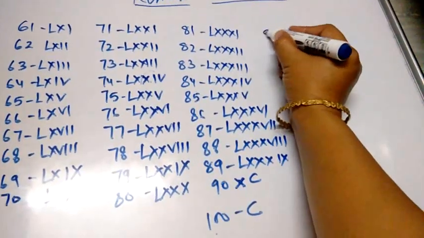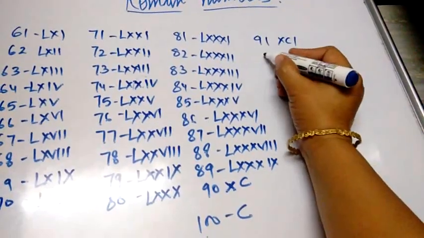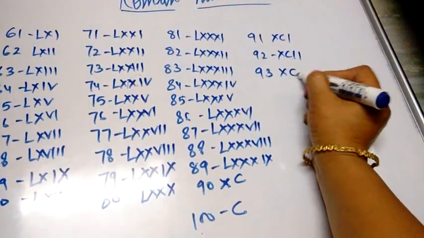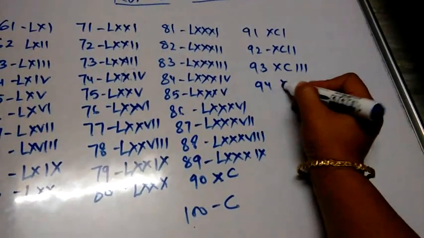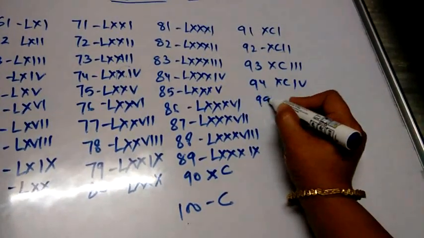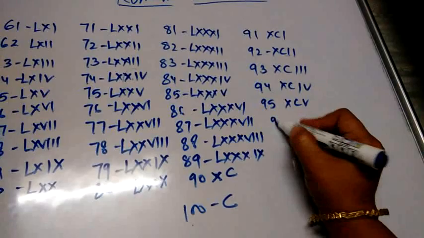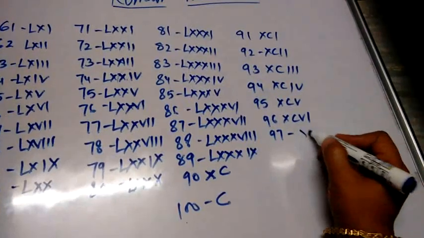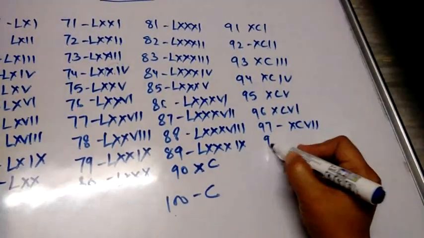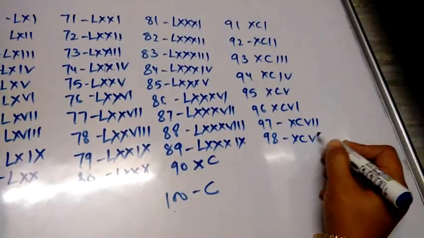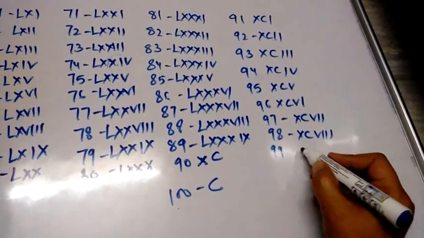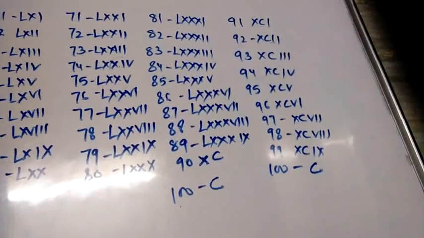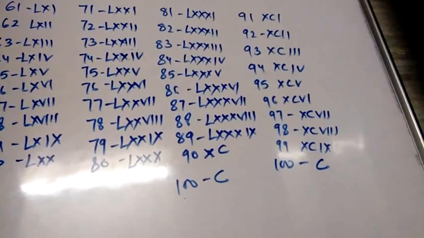Now 91 will be XC1, 92 XC2, 93 XC3, 94 XC4, 95 XC5, 96 XC6, 97 XC7, 98 XC8, 99 that is XC and 9, and 100 is C. In this way we can write Roman numbers from 1 to 100.